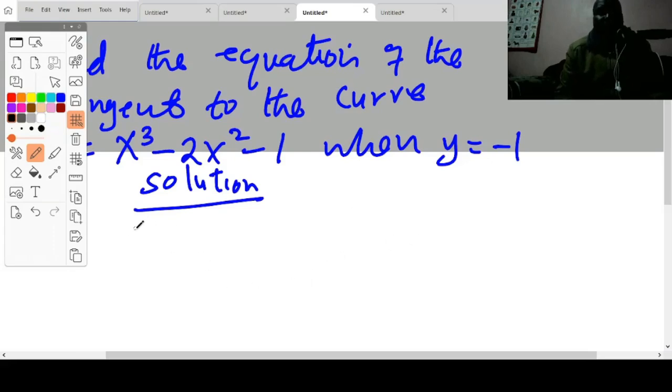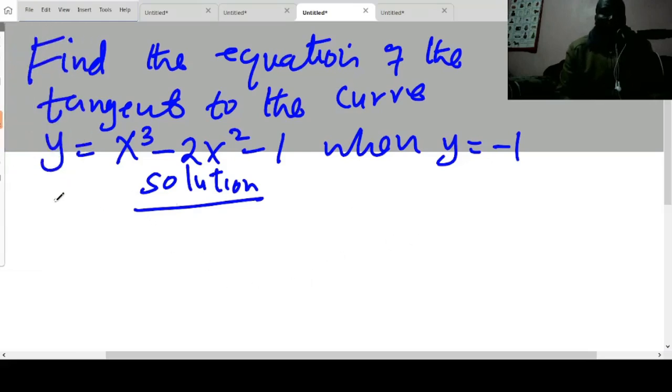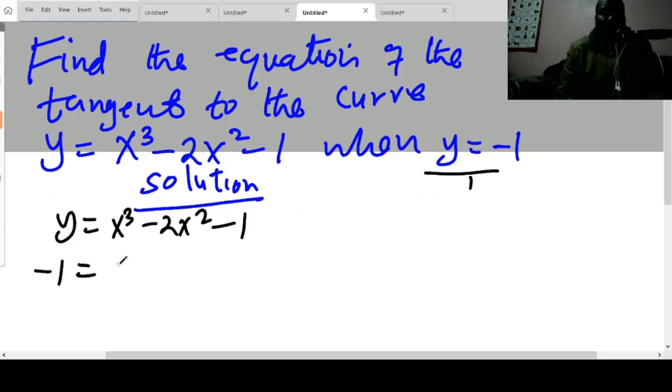So let's find the value of x. But y is equal to x cubed minus 2x squared minus 1. But y is equal to negative 1. So we substitute here, we say negative 1 is equal to x cubed minus 2x squared minus 1. Like terms together.